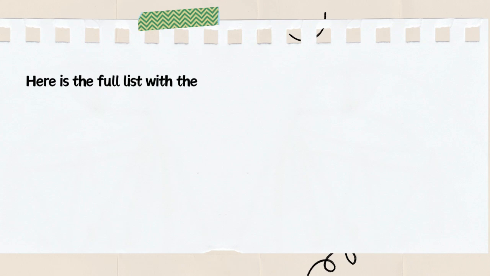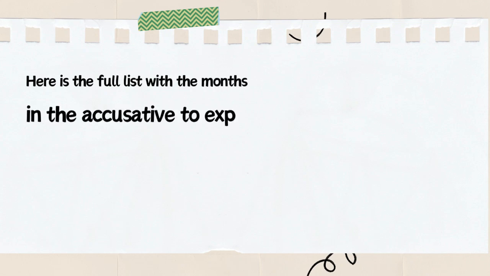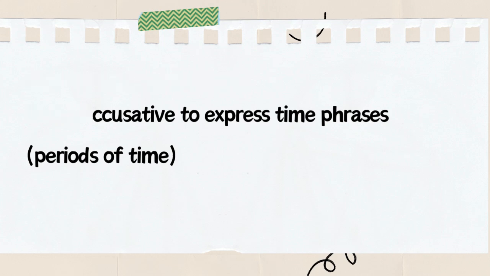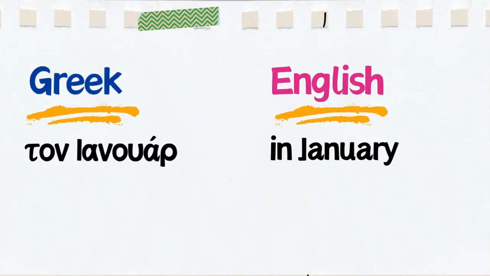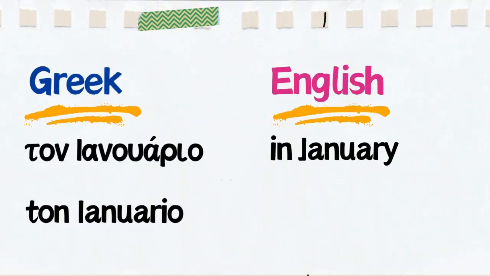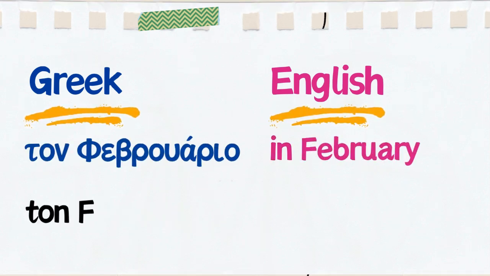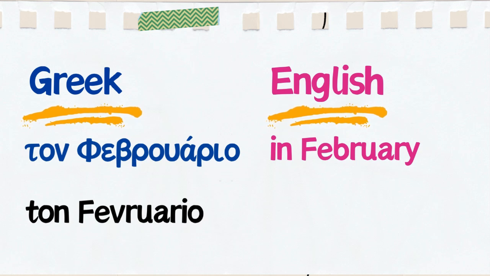Here is the full list with the months in the accusative to express time phrases or periods of time. Τον Ιανουάριο, in January. Τον Φεβρουάριο, in February.